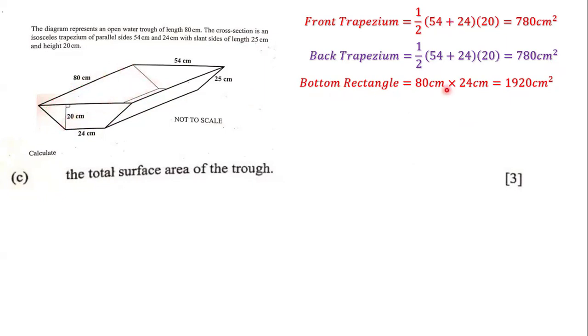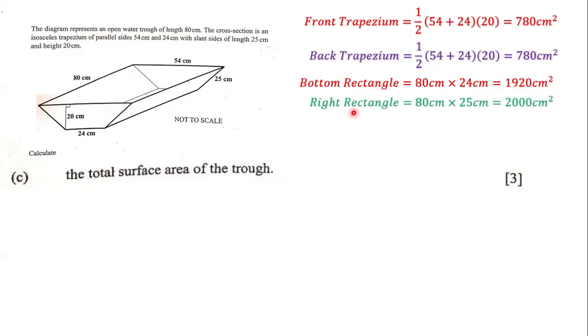So we have 80 centimeters multiplied by 24 centimeters, because this is the length and this is the width. The area of this rectangle is length times width, which is 80 centimeters multiplied by 24 centimeters, giving us 1,920 centimeters squared. That's the area of the bottom rectangle.